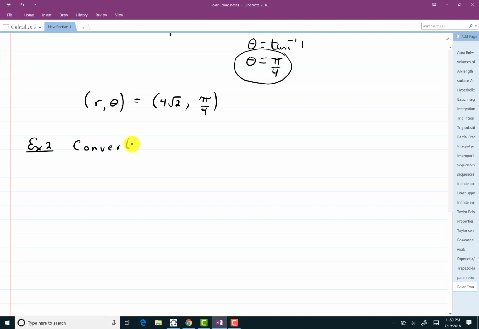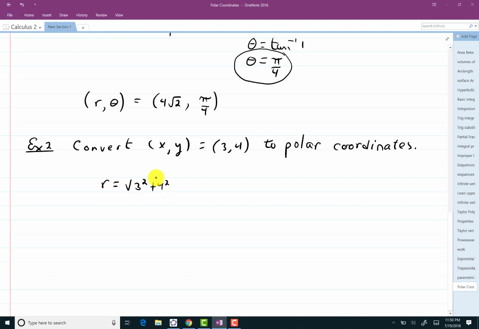Let's convert x comma y equals 3, 4 to polar coordinates. So r equals the square root of 3 squared plus 4 squared, which equals 5.